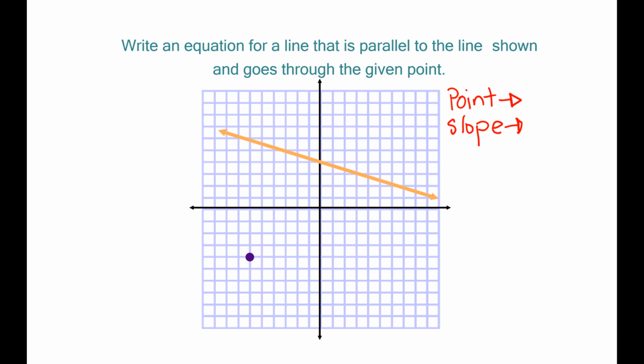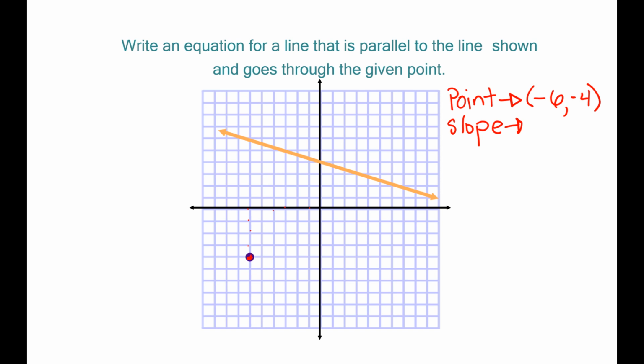So you can see right here is the point it's going to go through. If I look to see what the coordinates of that point are, I'd be going 1, 2, 3, 4, 5, 6, negative 6, and then 1, 2, 3, 4, negative 4. So I know it has to go through point negative 6, negative 4.